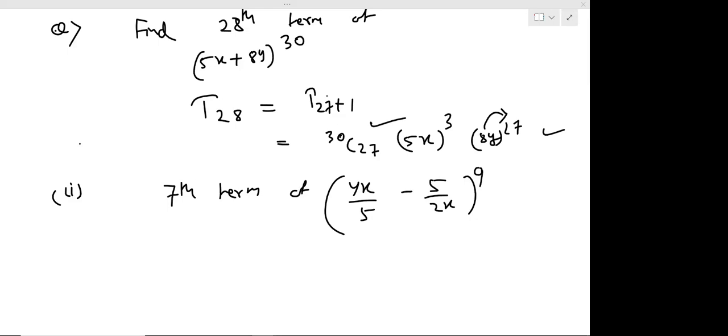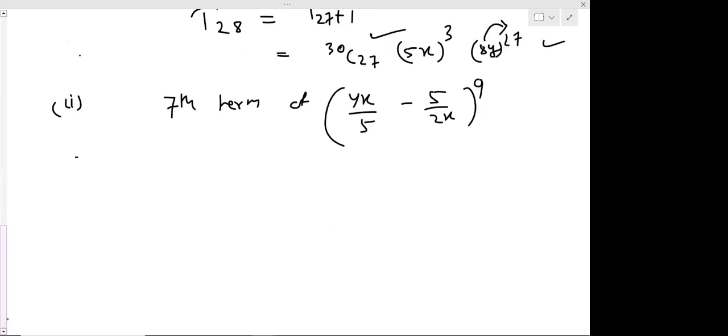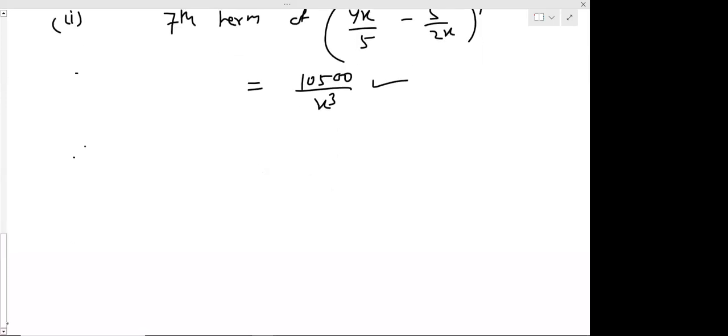So you can get the exact answer for this, because some things will be cancelling out. So the answer will be 10500 upon x cube.